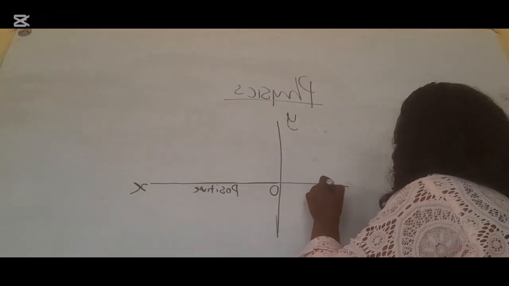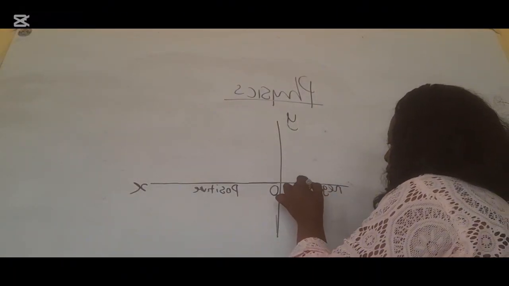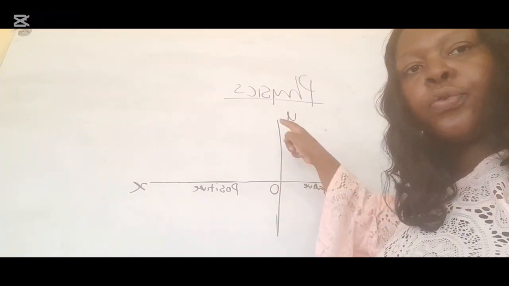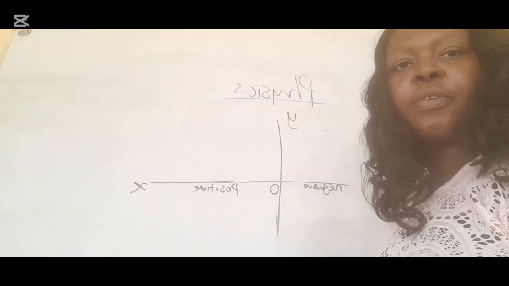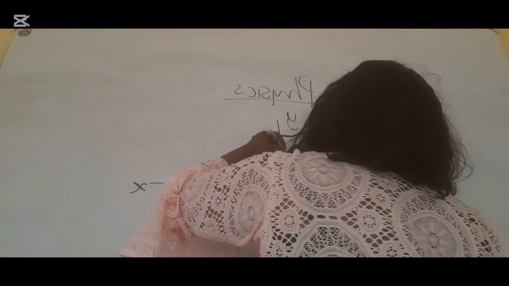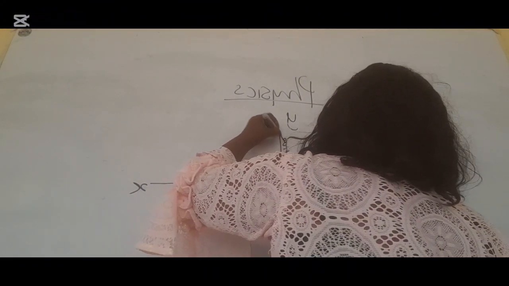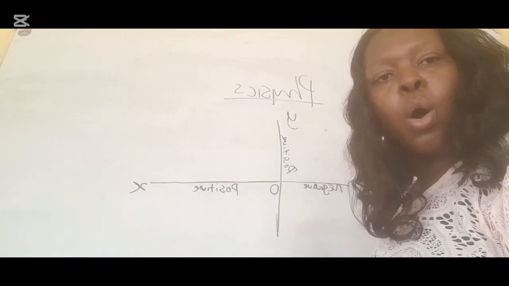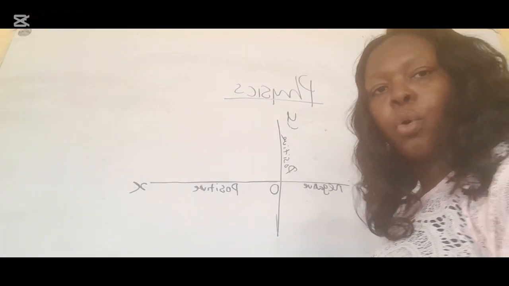So here we have negative. The points that are above the origin are referred to as positive points. And the points below our origin are negative points.